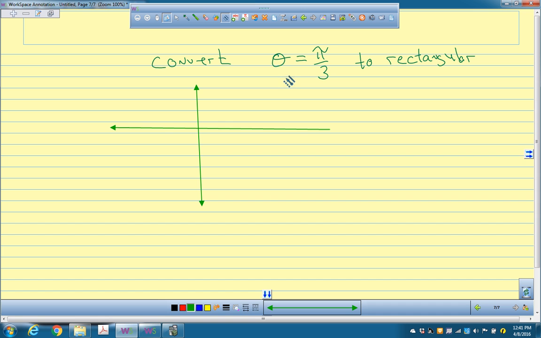Circle? Uh-uh. Triangle? It would be a line which makes an angle of pi over 3 with the polar axis, right? And since r could be negative or positive, it could go either this way or this way. So that really makes a line, right? That's this right here, where this angle is pi over 3. r could be negative or positive, so it could be every single one of these points.